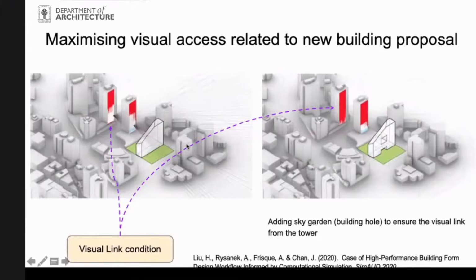For example, this is the first design, and the second design has a hole in it, which could increase the visual connection to the surrounding area from the two buildings at the back. So this kind of evaluation can really give us justification for why we choose that design.